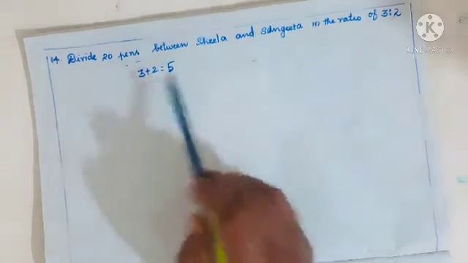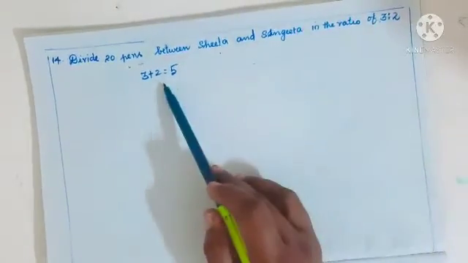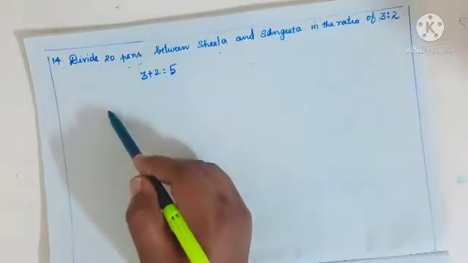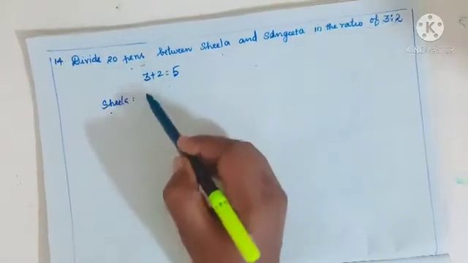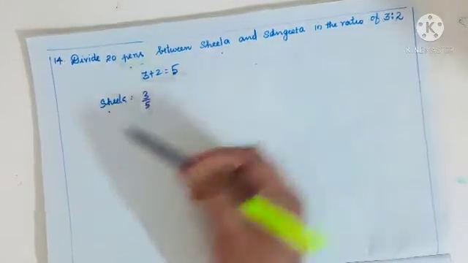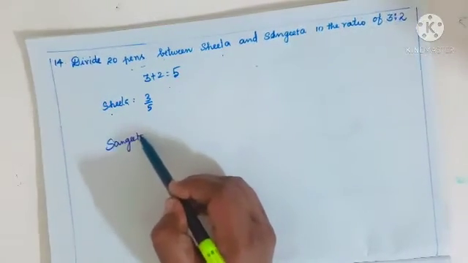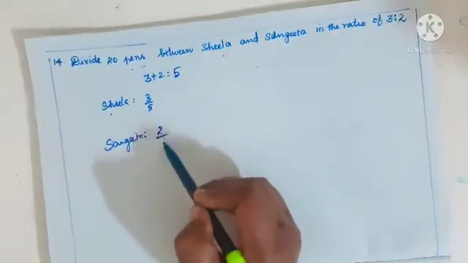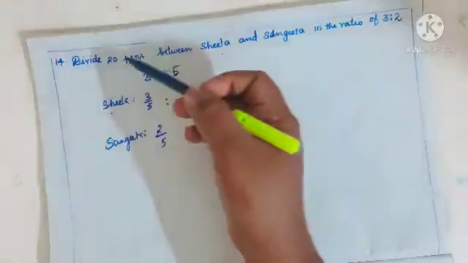Now Sheila will get 3 parts out of 5. Understand? Sheila's part is what? Sheila will get 3 out of 5. Okay. Same thing, Sangeeta will get, very good, 2 out of 5. Okay dear. Now the total number of pens is what? 20.